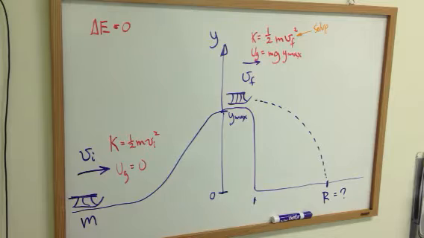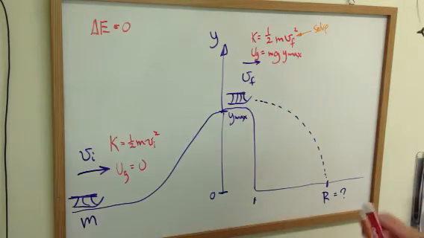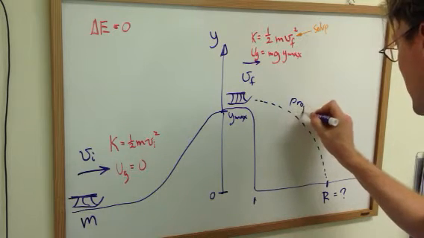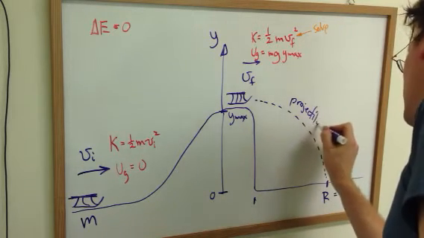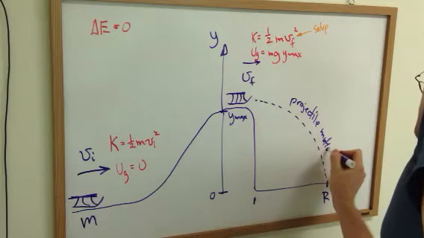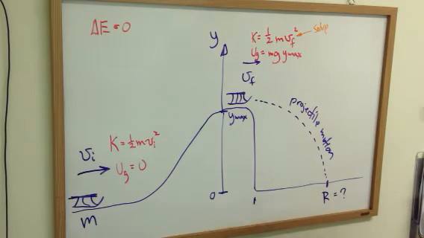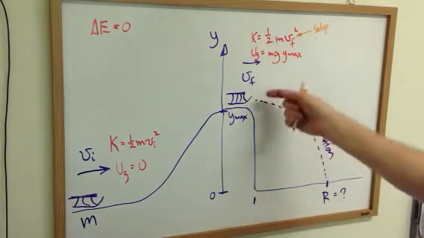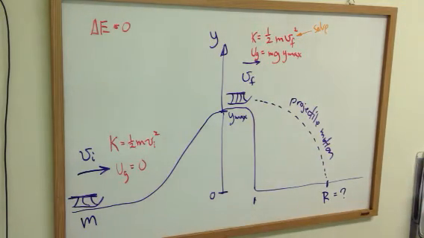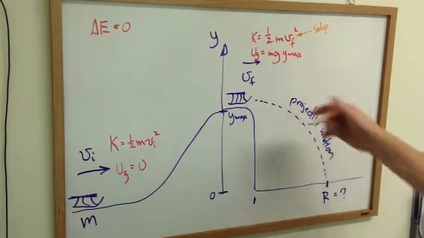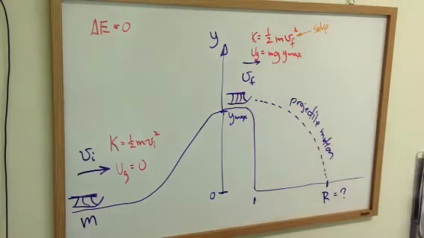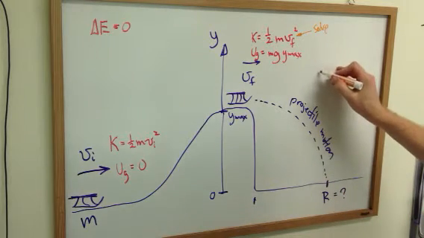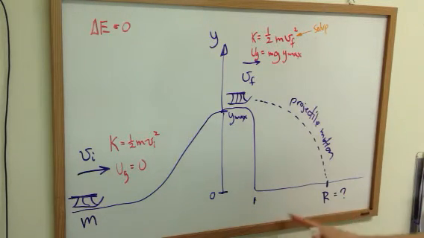So now we know how fast the sled launches off the cliff. How far does it go? Well, projectile motion has two major characteristics. One is you accelerate downwards with the acceleration of gravity, and the other is you have a constant horizontal velocity, because there are no forces horizontally. So how far are you going to get?